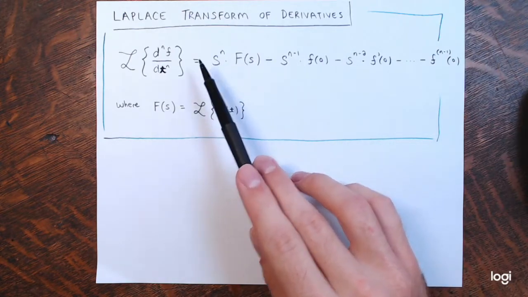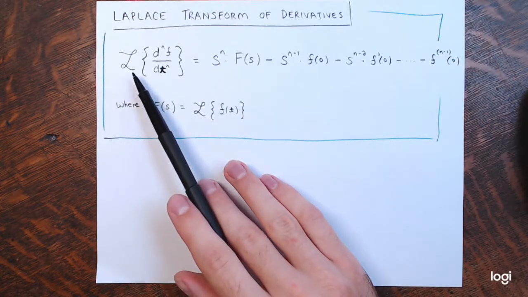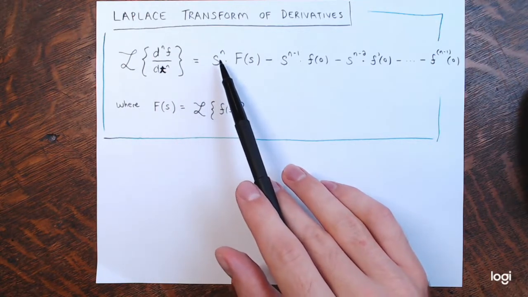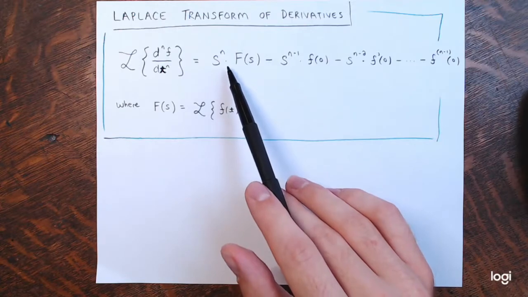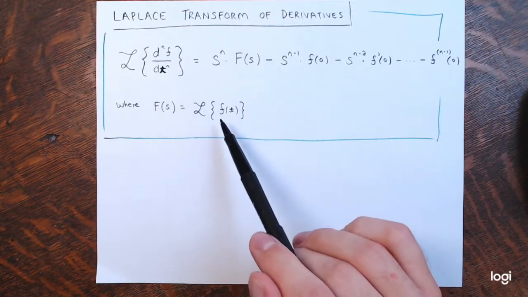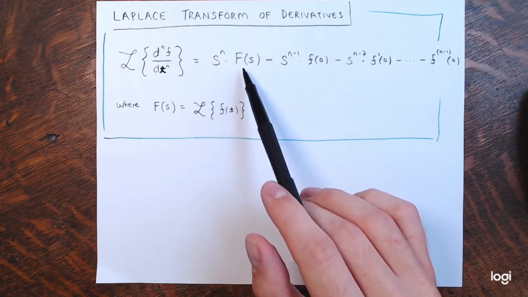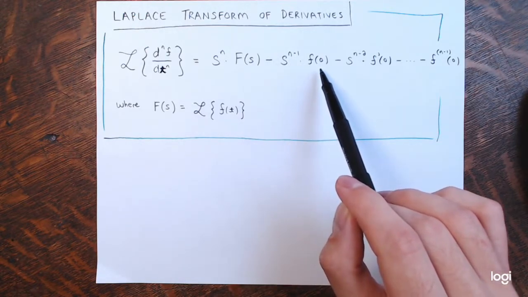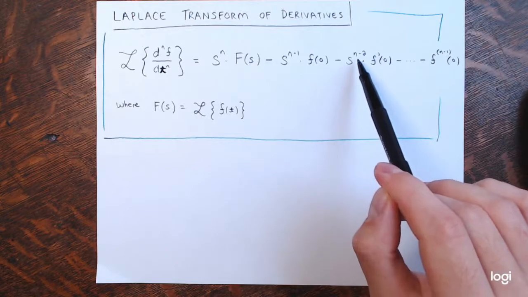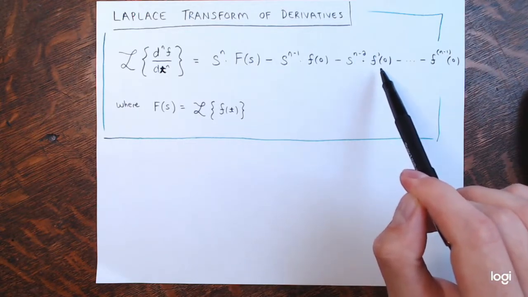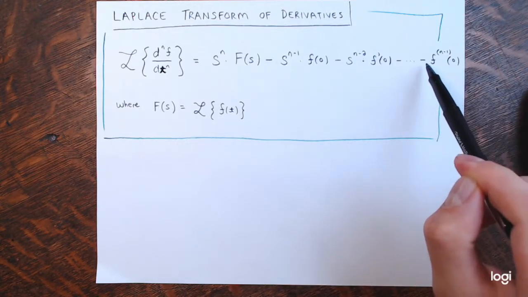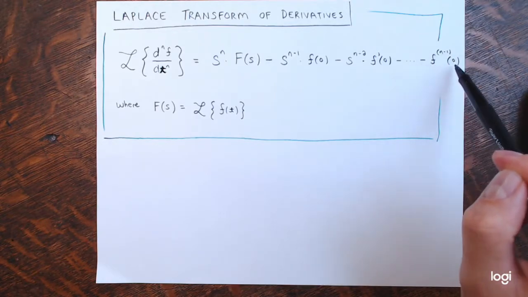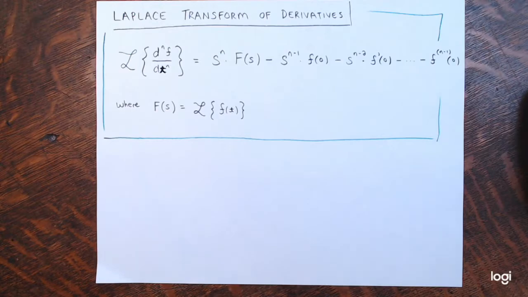So one more time, the Laplace transform of the nth derivative of f with respect to t is s to the nth times capital F of s, the Laplace transform of little f, minus s to the n minus 1 times f at 0, minus s to the n minus 2 times f prime at 0, and so on, all the way down to minus the n minus first derivative of f evaluated at 0.